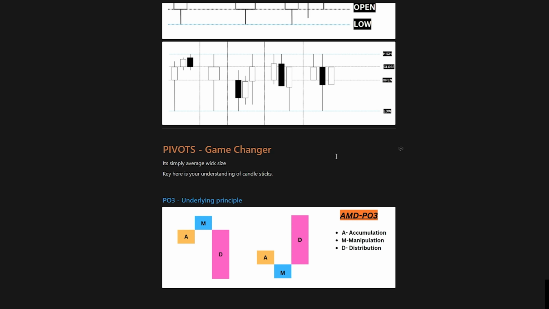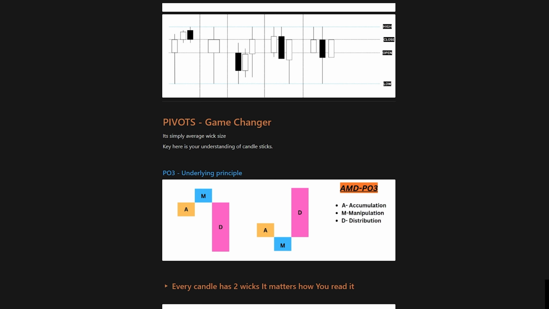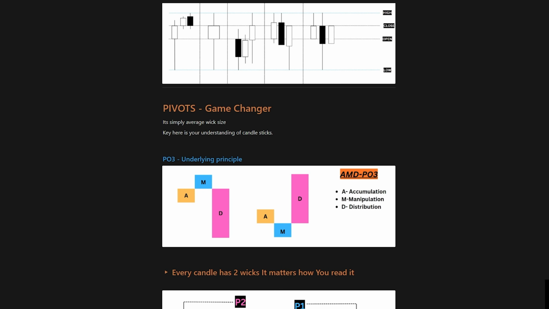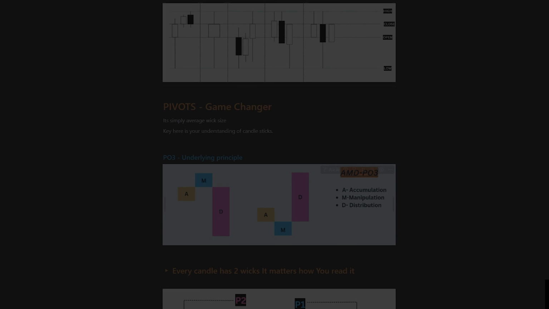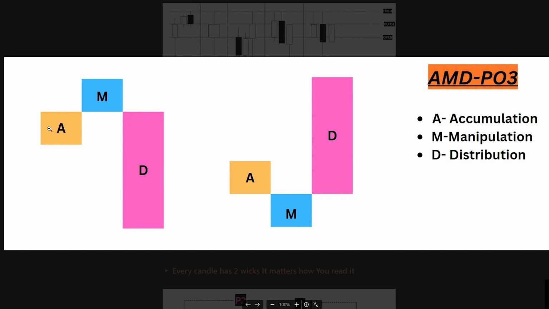So yeah, PO3 is the internet term for power of 3. It's something ICT or smart money rebranded as some kind of holy grail, but it's really simple. It represents only this: accumulation, manipulation and distribution. AMD in short, or power of 3, first, second and third. It's the same thing, PO3 or AMD.